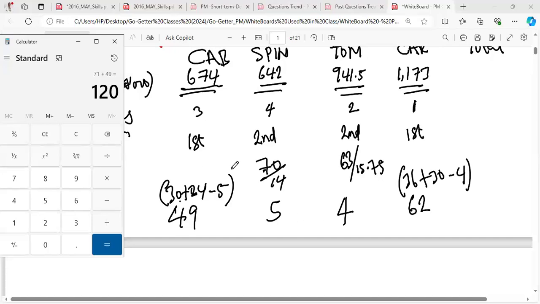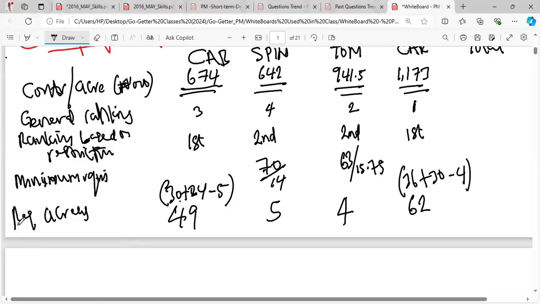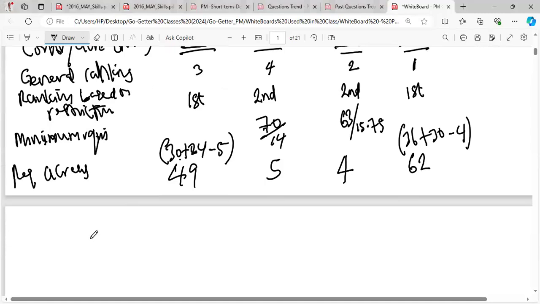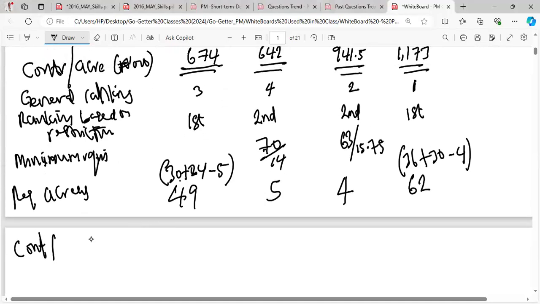Now this is your required acres. So what you will now do is say contribution per acre, in three zeros.